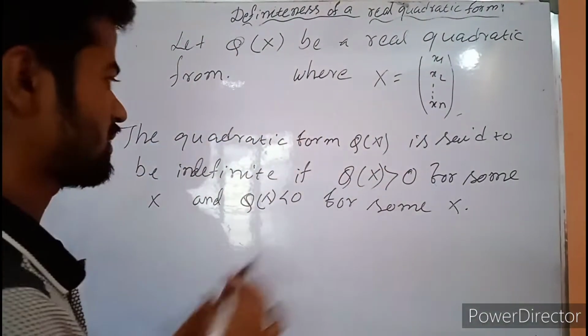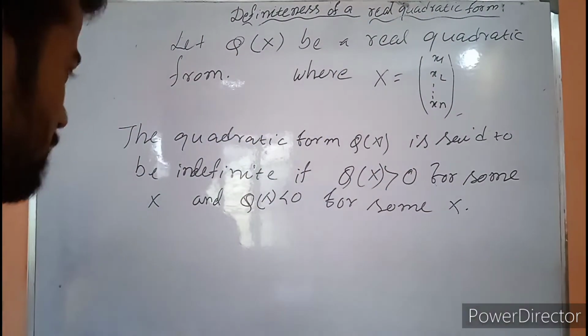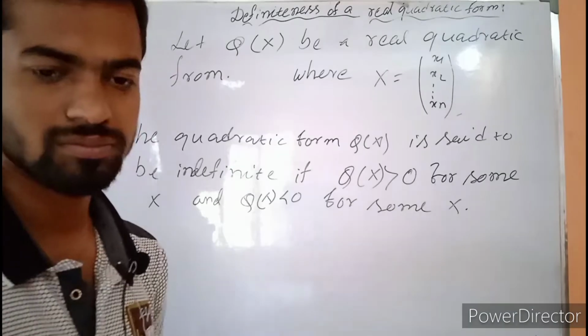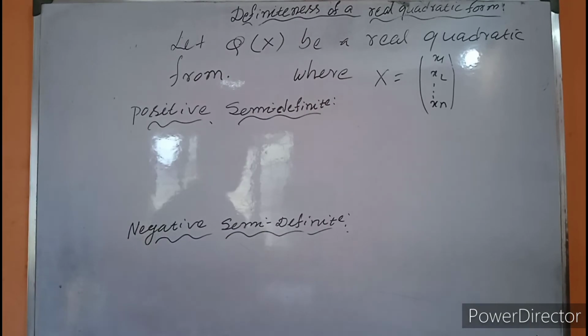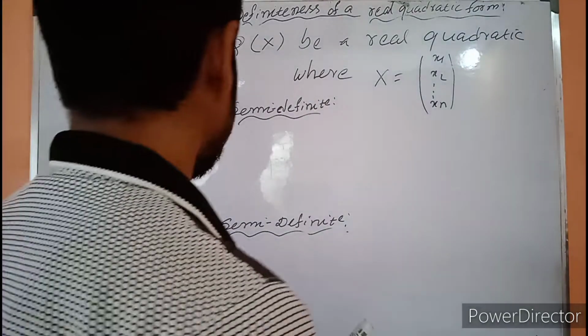Then the quadratic form is said to be indefinite. Okay, so let's move on to the next point.